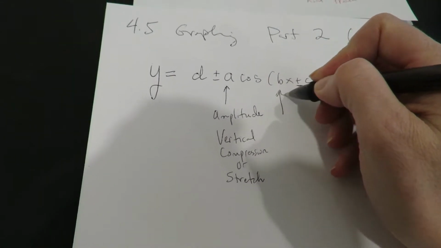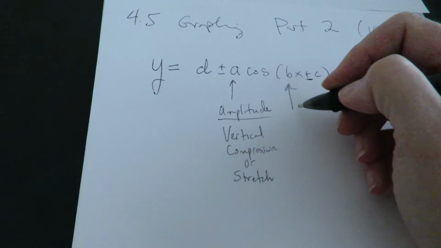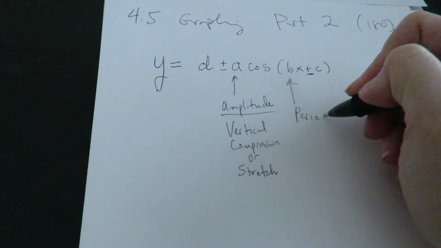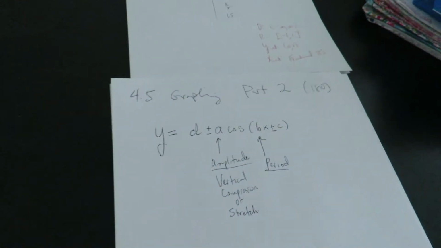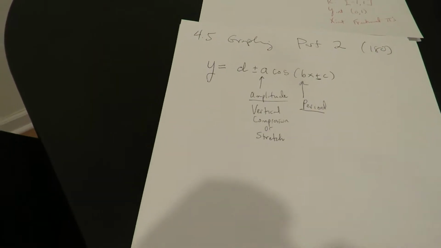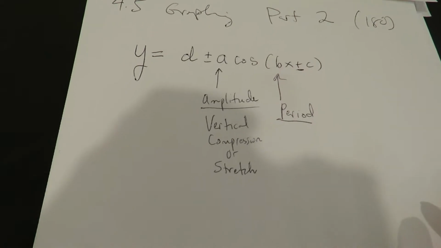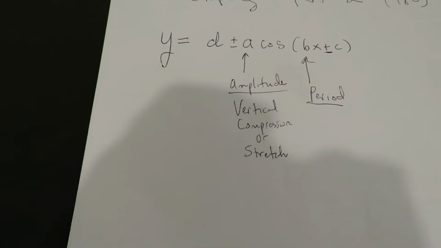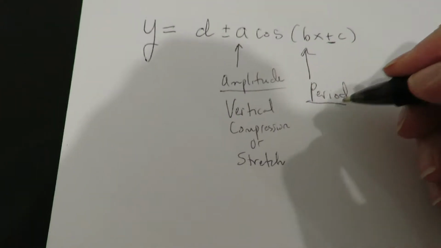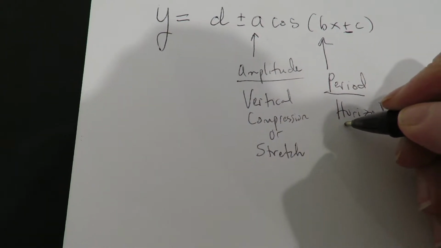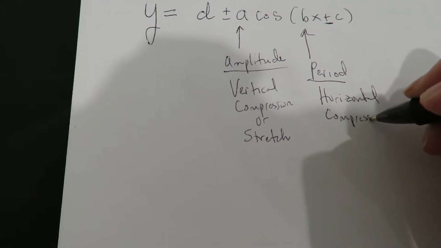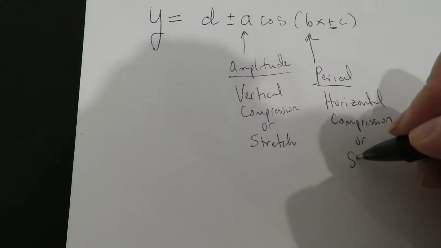B is what we call the period, and that is the horizontal compression or stretch.